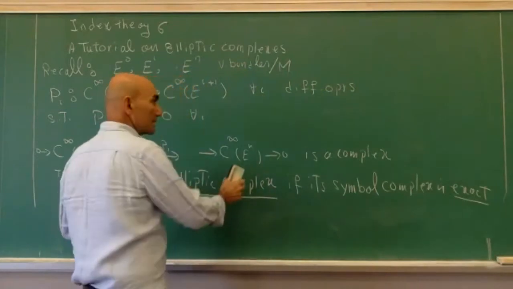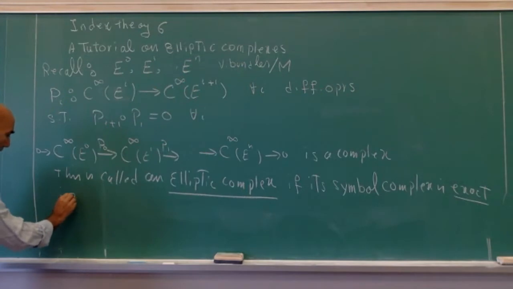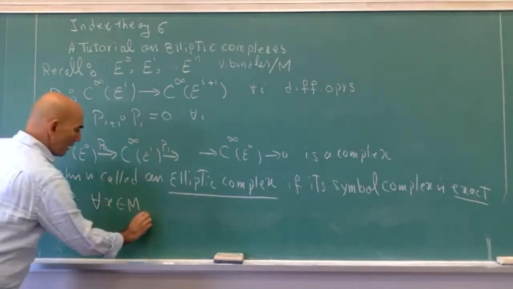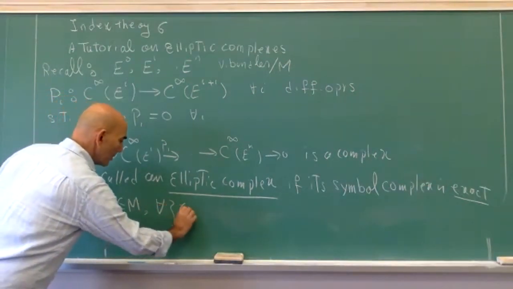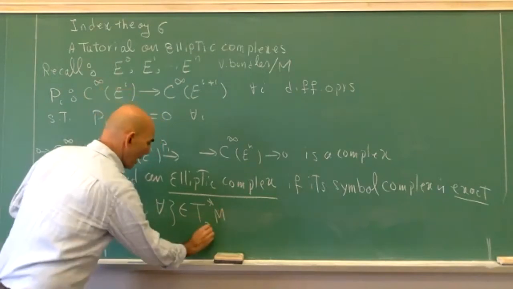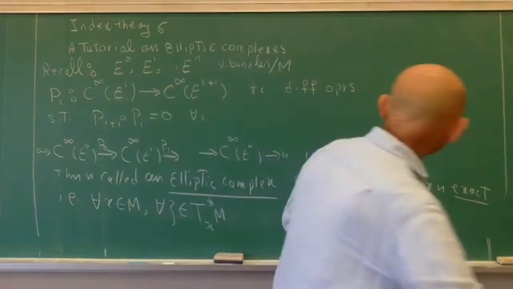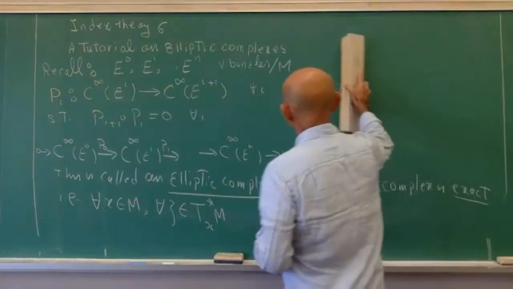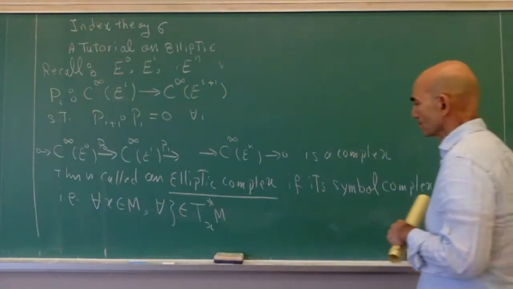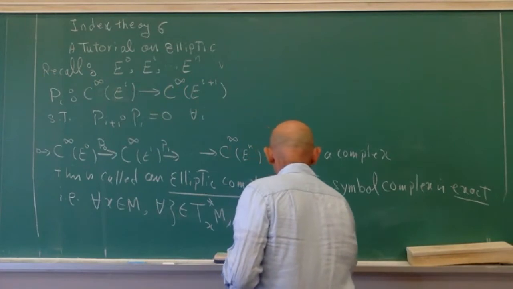So the symbol complex, so let me write it like this, i.e. for all x belonging to M and for all xi belonging to T star M at x, this symbol complex, the complex.